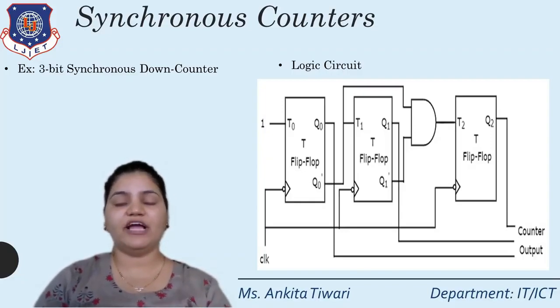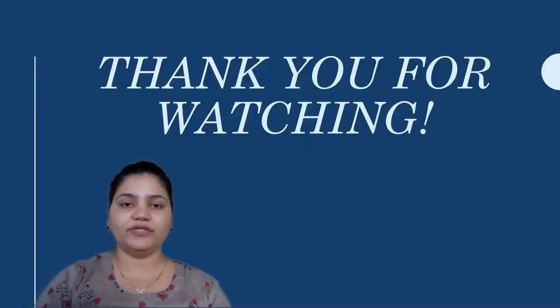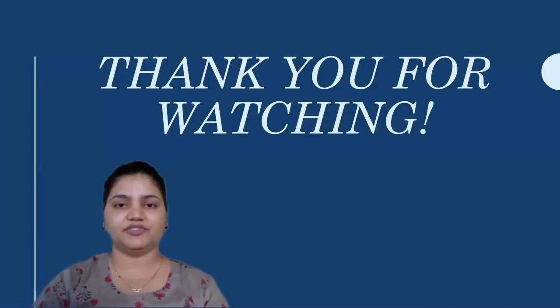In the up counter we took the example with the JK flip-flop, and in the down counter we took the example with the T flip-flop. So here we have finished the synchronous counters. We'll continue with the asynchronous counters in the next session. Thank you.